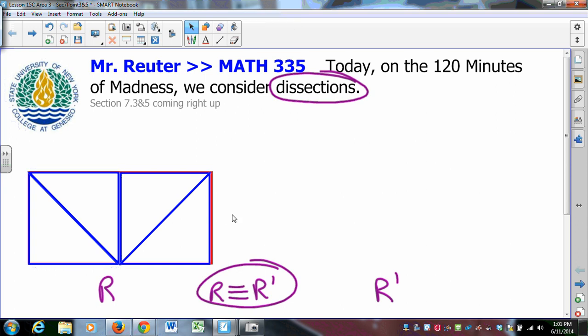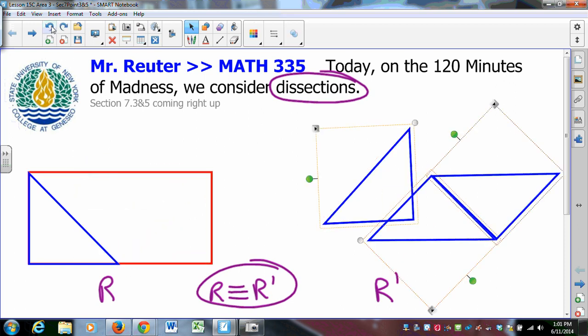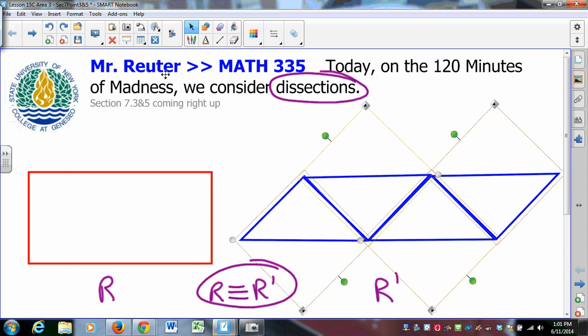Because I can make the red rectangle from the pieces of the blue parallelogram, the red rectangle is equivalent by dissection to the blue parallelogram. They are what we call scissors congruent.